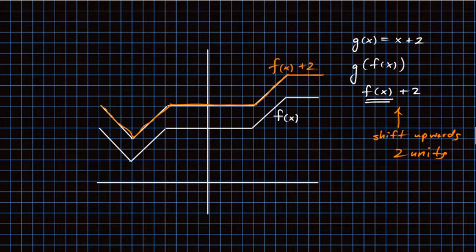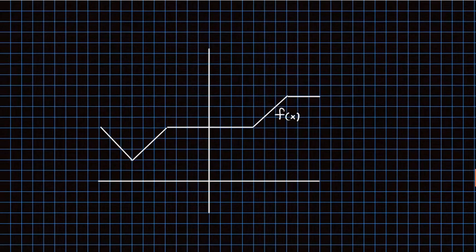Okay, lastly, we want to look at what happens when we subtract from the y value. That is, we look at something like f of x minus 3. So what happens in this case? Well, now in this case we subtract 3 units, so we shift down by 3 units.